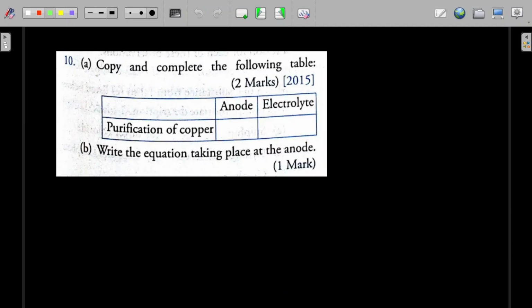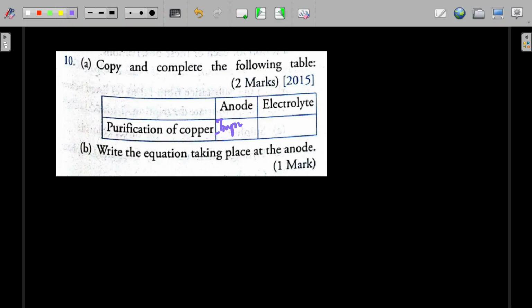Lastly, we'll see some questions. Copy and complete the table, anode and electrolyte, purification of copper. Yes, Ruhani, tell me what anode we will use here. Impure block of copper. And what will be the electrolyte?